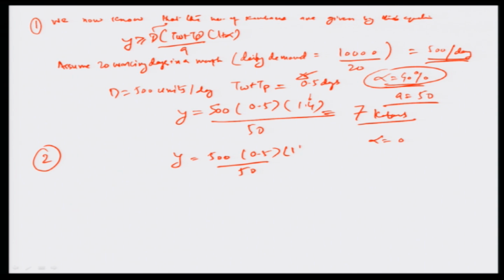So, it is basically only 1 multiplied. So, this would actually make it close to 5. So, we are having 2 fewer Kanbans, because we now want to operate only at the demand level and there is no overstocking whatsoever.